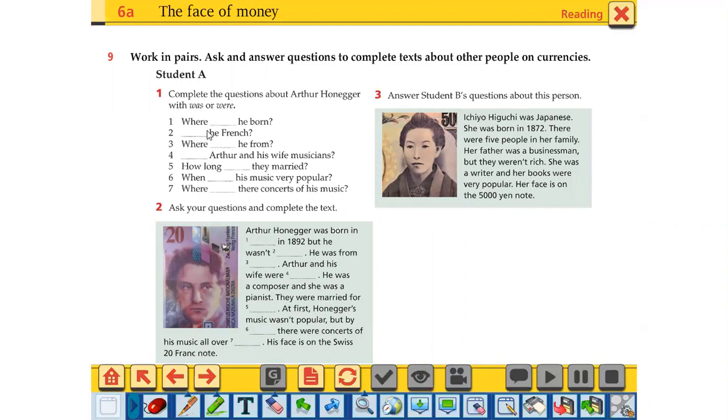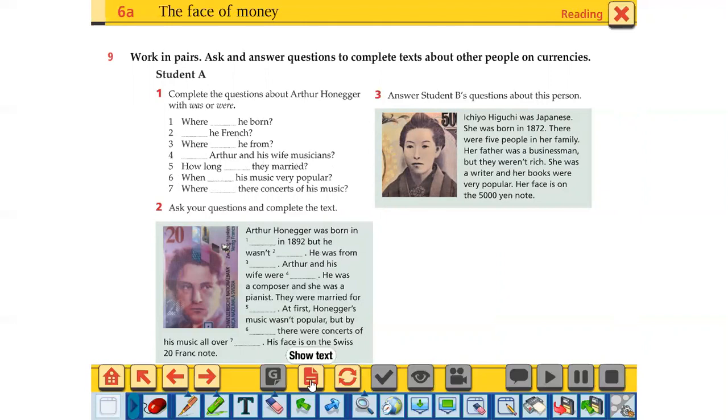Si es con he, tercera persona, todo es was. Was he French? And here the same. Where was he from? And number 4, Arthur and his wife musicians. Cambia. Were Arthur and his wife musicians?